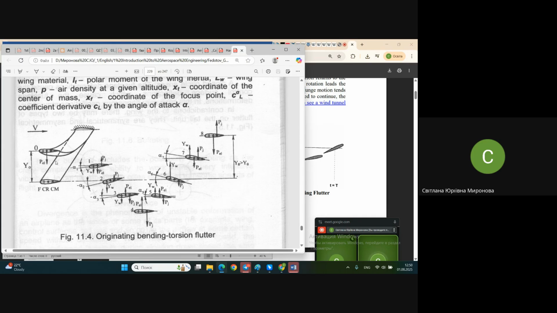But the end of the wing starts to rotate. It starts to change position to this new position, number two, you see. Additional lift has appeared, and this additional lift is responsible for increasing the angle of attack. And it continues to increase the angle of attack because the greater the angle of attack, the greater CY, the coefficient of lift, and as a result, it increased.